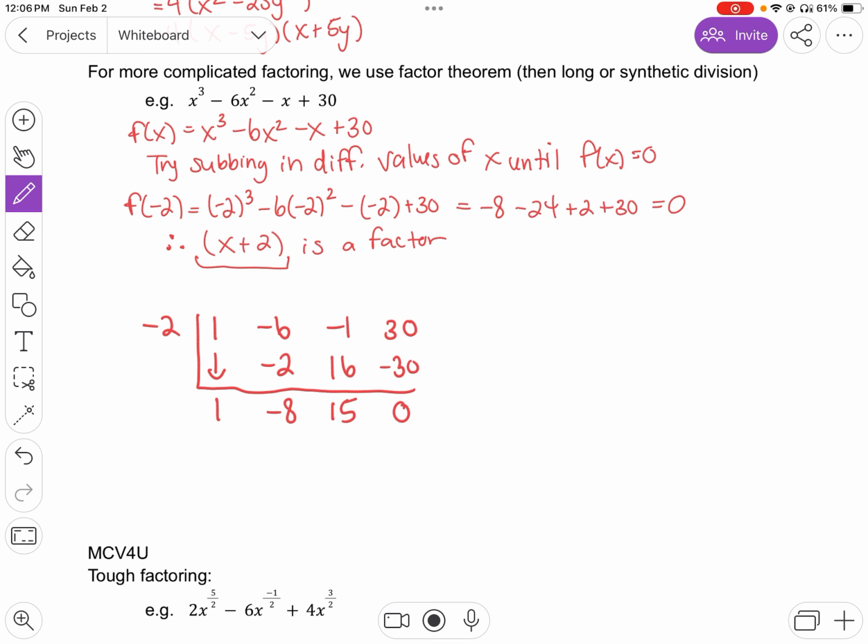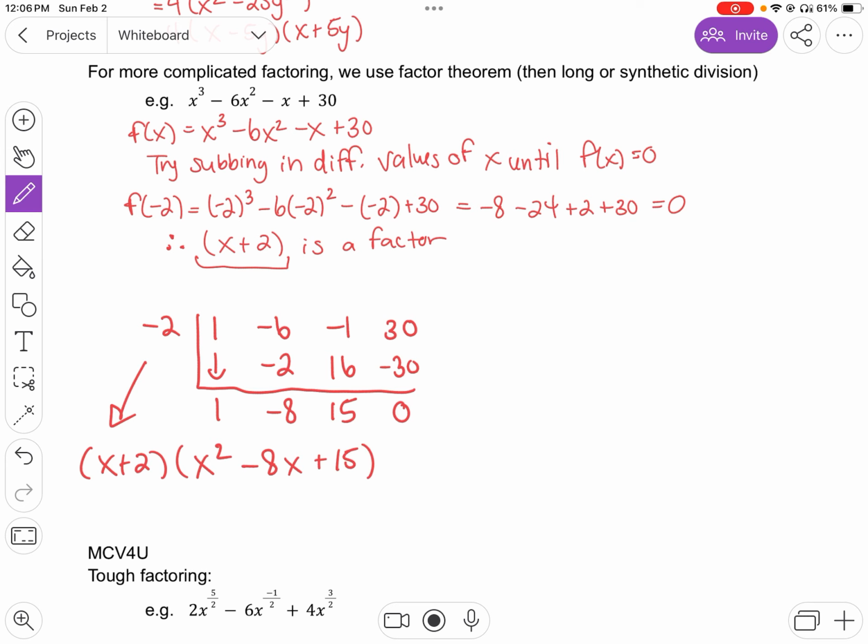So these are now the coefficients of our next function that's going to be part of the expression, I should say. So we know that this is the factor x plus 2, and then we're left with these coefficients. So 1 I don't need to write, but now it's x squared, and then we've got minus 8x, and then this 15 is going to be our constant.